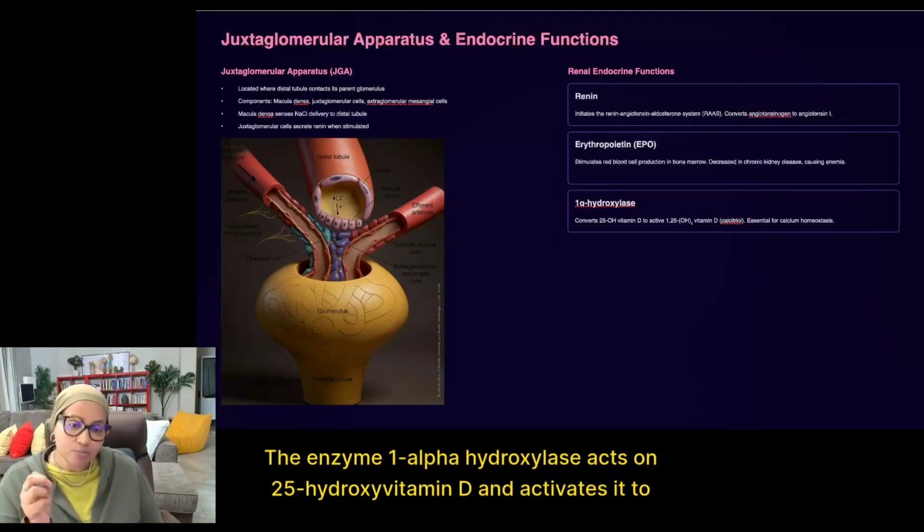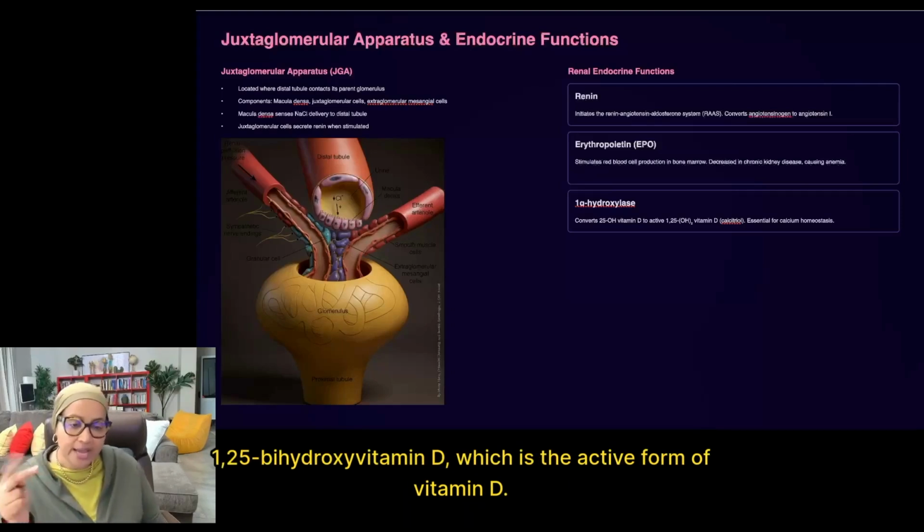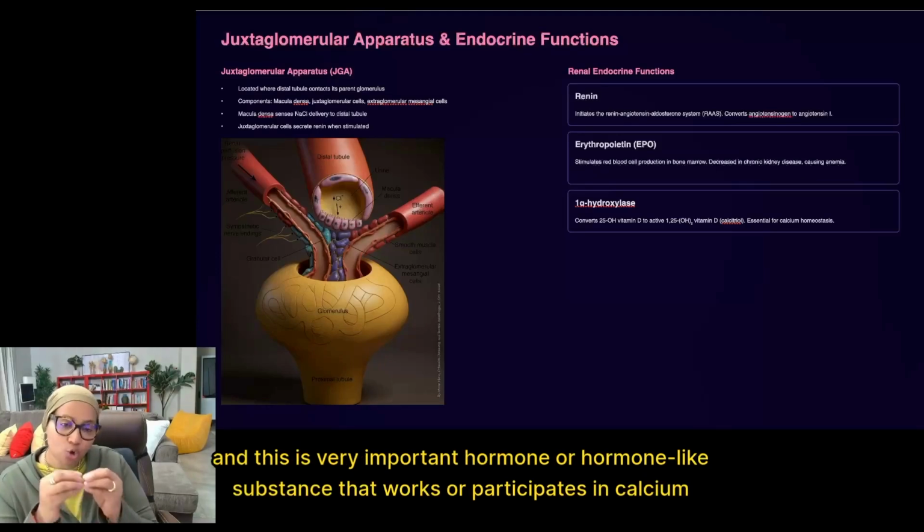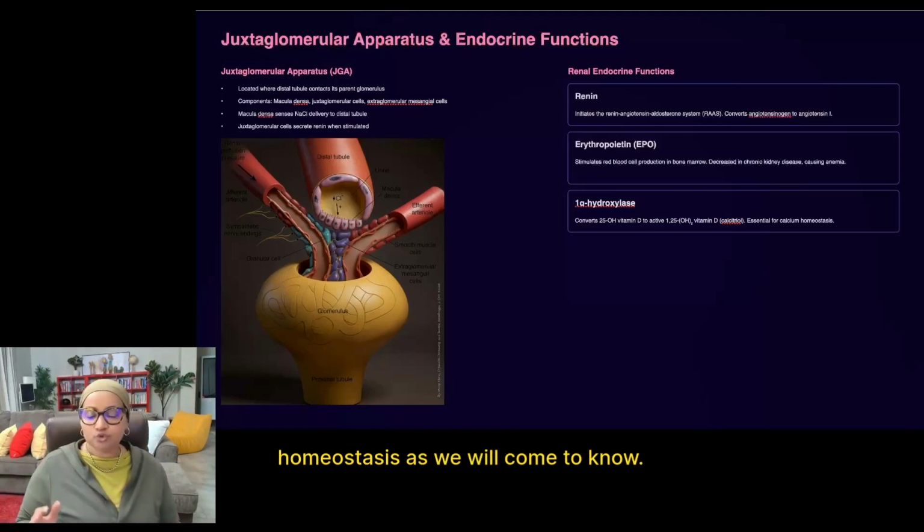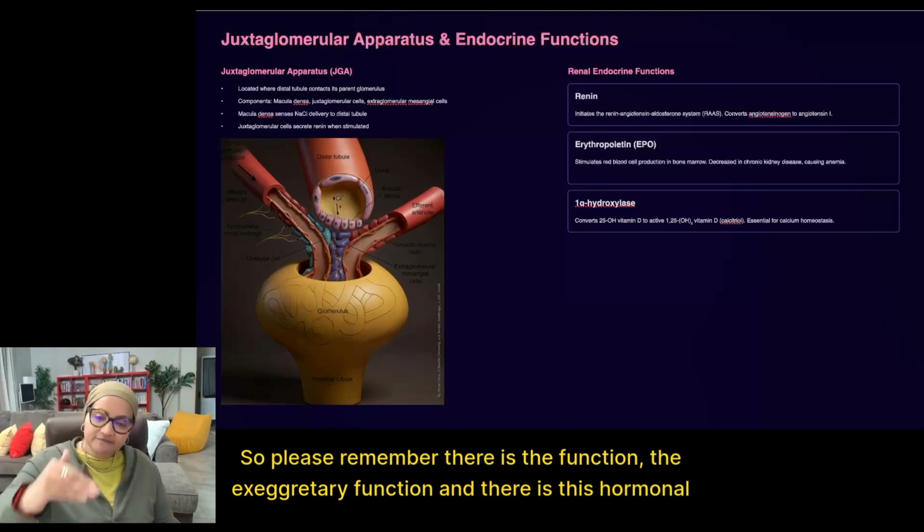The enzyme 1-alpha hydroxylase acts on 25-hydroxyvitamin D and activates it to 1,25-dihydroxyvitamin D, which is the active form of vitamin D. This is a very important hormone or hormone-like substance that participates in calcium homeostasis, as we will come to know. So please remember, there is the excretory function, and there is this hormonal function of the kidney.